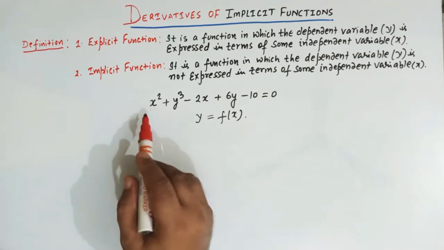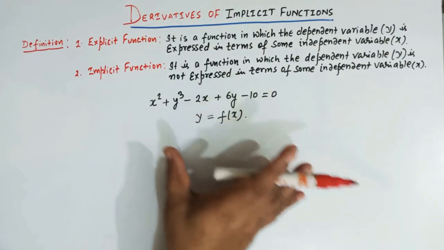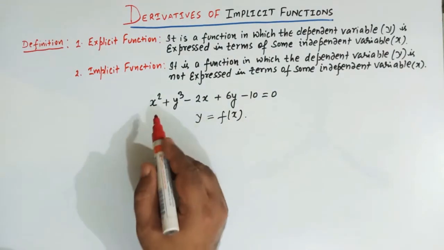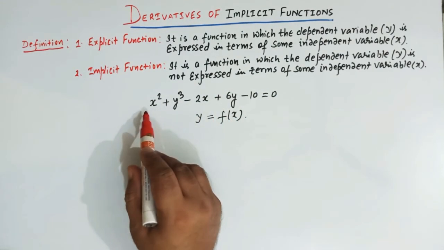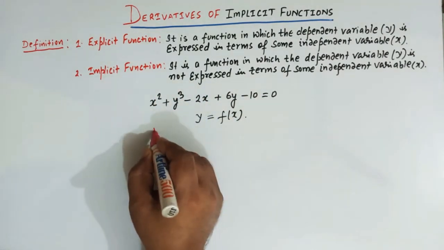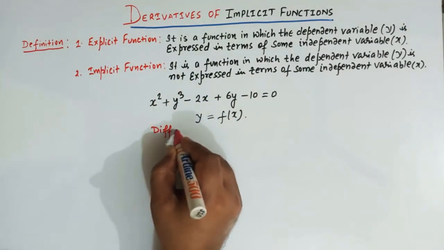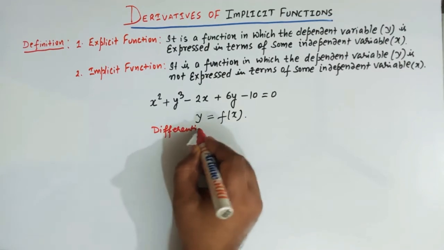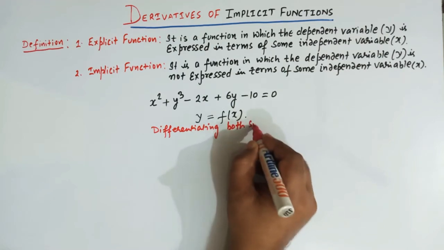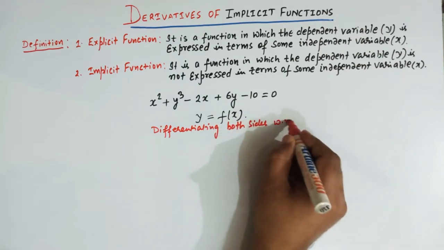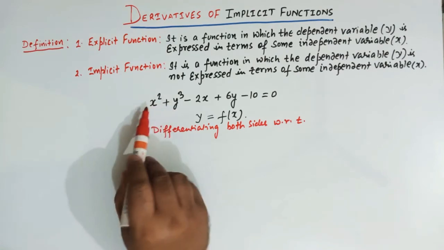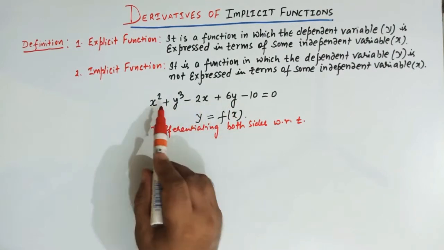Now in order to find out the derivative of such expressions, we will differentiate both sides with respect to x. So differentiating both sides with respect to x, right? Okay, now here we will do the differentiation term by term.